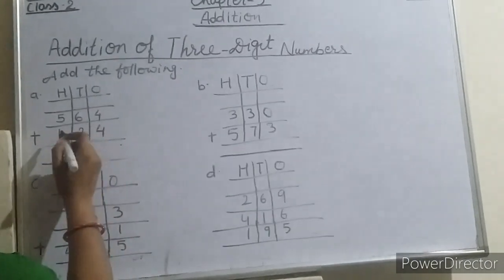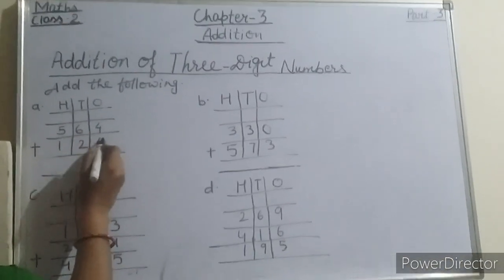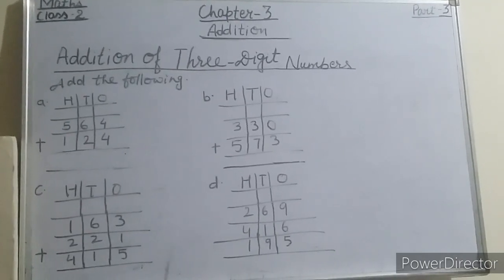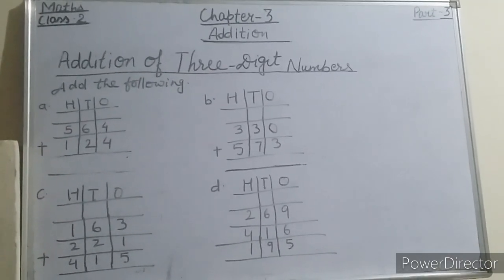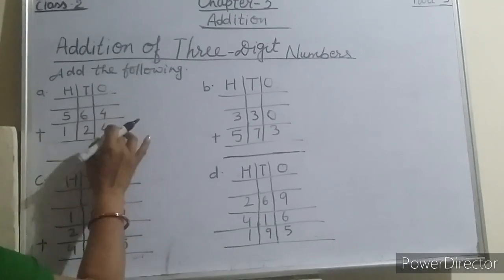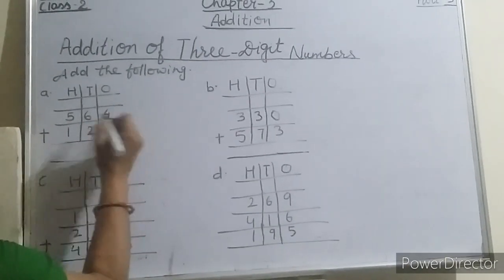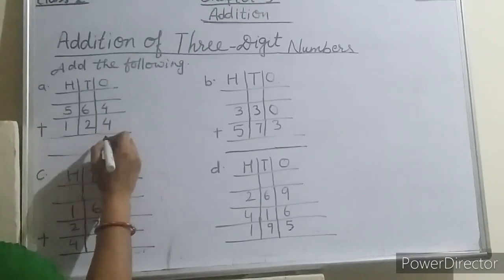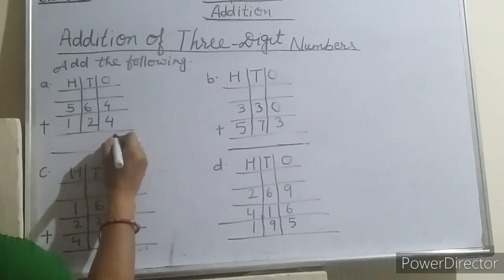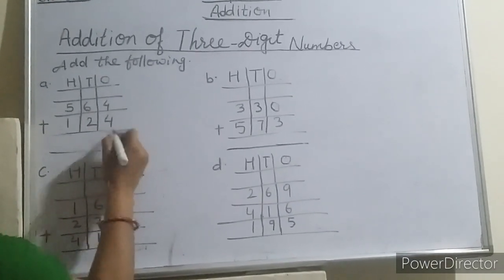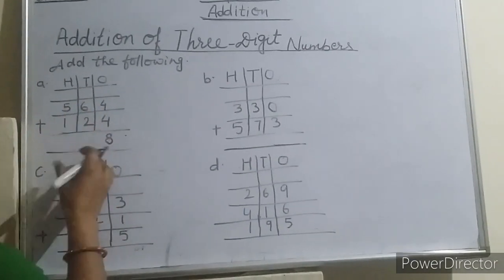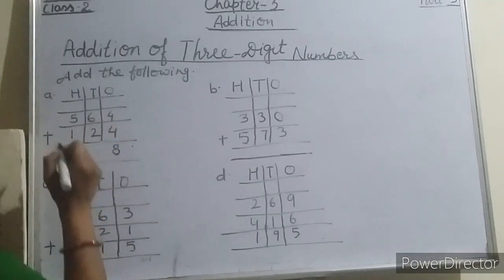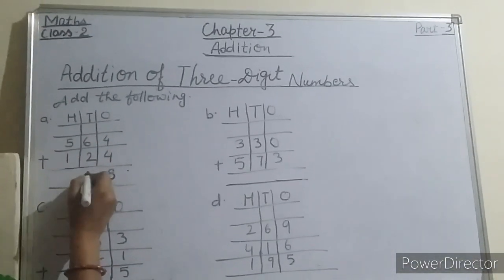Add the following. So 564 plus 124. So students, what do we have to do? We have to add from the ones place. So start adding from the ones place. 4 plus 4 is 8. So what will you write? You will write 8 under the ones column. Come to the next. 6 plus 2 is 8.